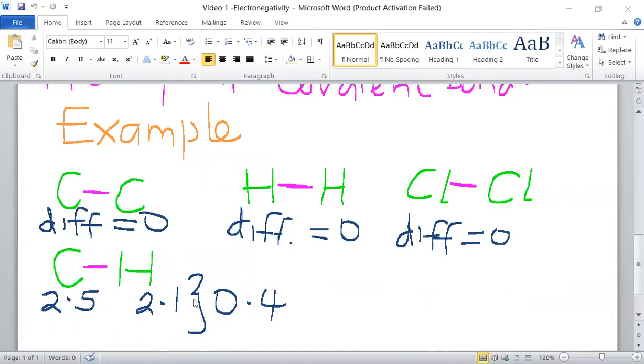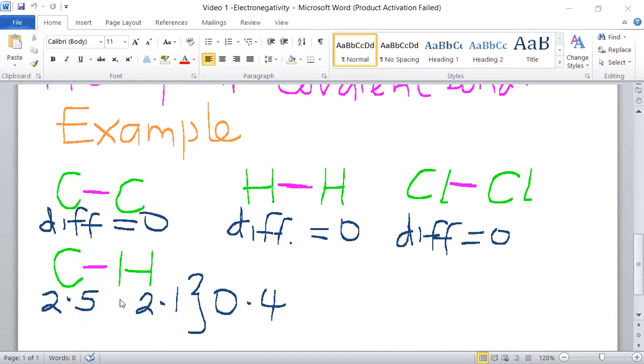Notice that if the electronegativity difference between the two covalently bonded atoms is less than or equal to 0.4, then that bond is considered to be essentially non-polar. In this case, the carbon-hydrogen bond is essentially non-polar.